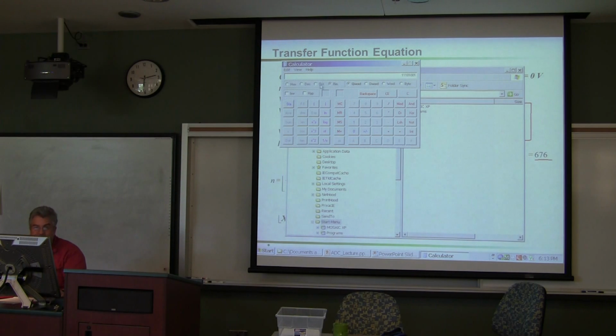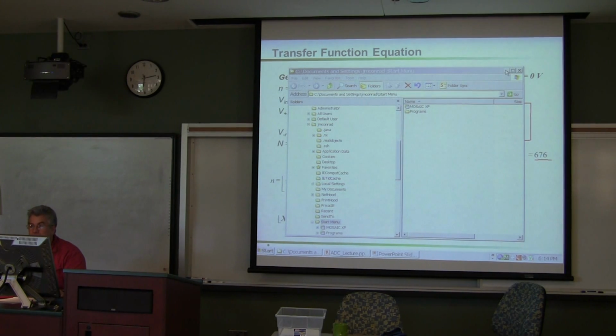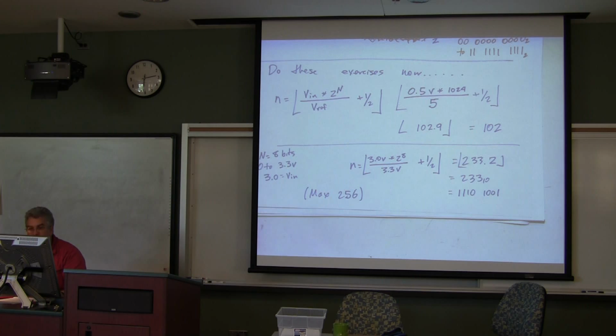The binary calculator. It'll even turn it into hex for you if you want. I wish I knew that doing the problems. Well, you gotta learn it one way or the other. What was the answer? All right, it was E9, right there. E9.